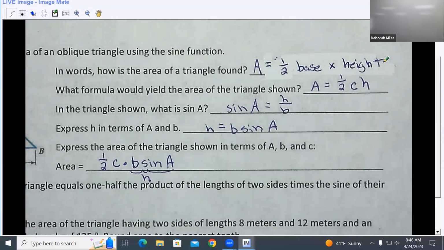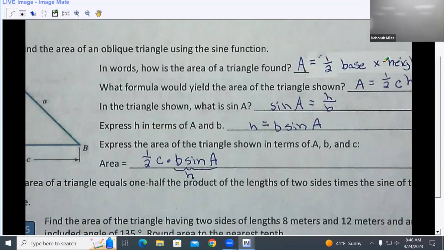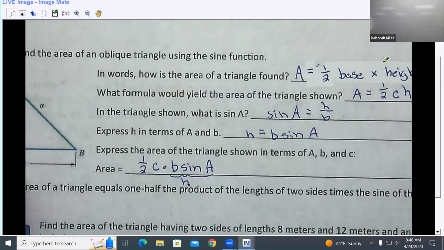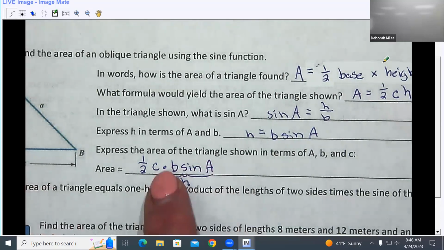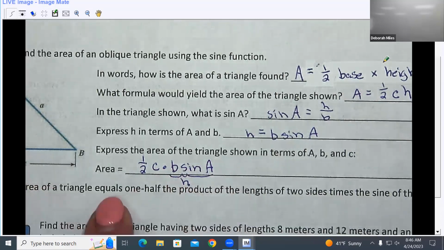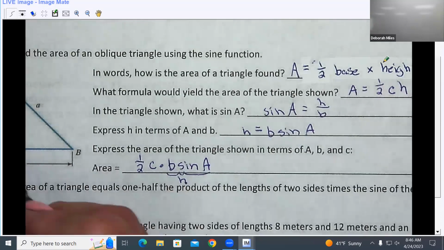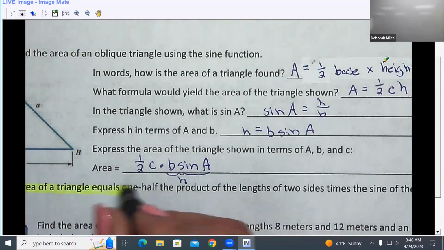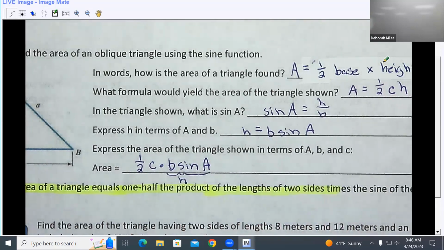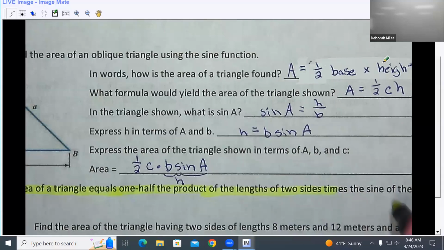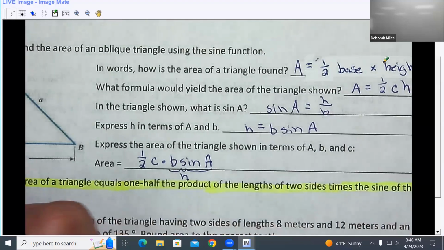So we just found a formula for finding the area of a triangle when we know one angle and the two sides opposite it. The area of a triangle is half the product of the lengths of the two sides times the sine of the angle between them.